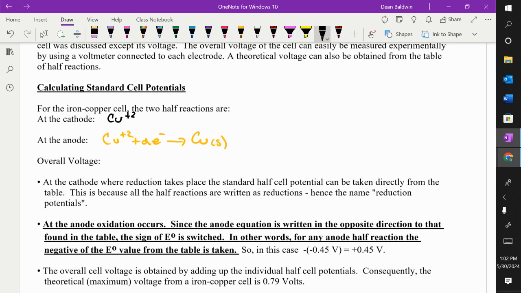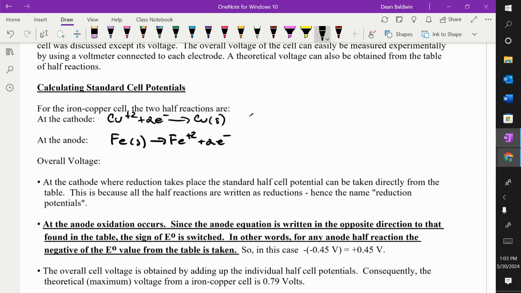Sorry. Cathode reaction is where reduction occurs. And then the anode reaction is the iron producing 2 electrons and dissolving into iron 2 in solution.